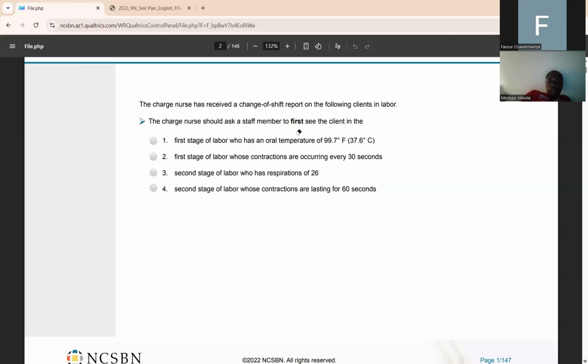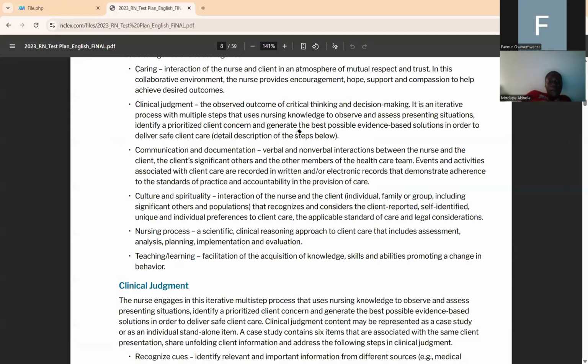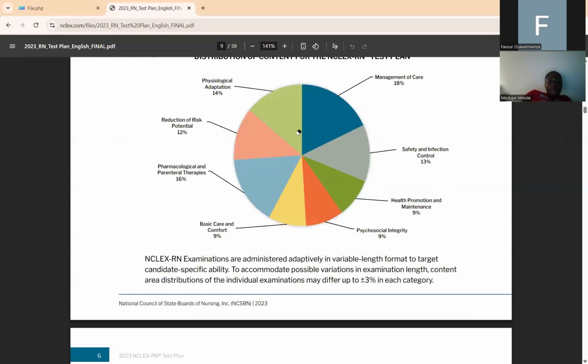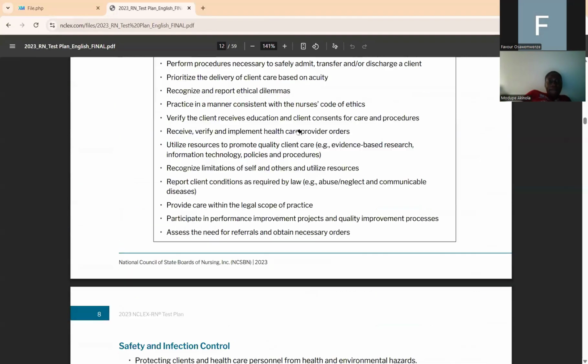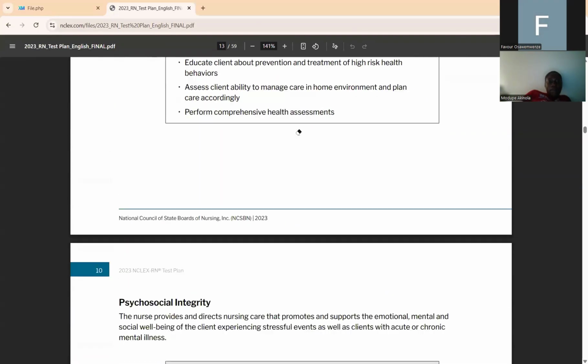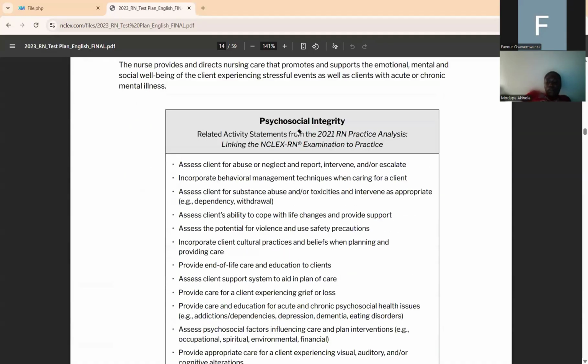Like this particular question we are seeing on the screen, it falls under clinical judgment, prioritization. The client need it falls under is health promotion. Let me show you right here, because it's testing client in labor. If you go to health promotion right here, you will see client in labor right there.